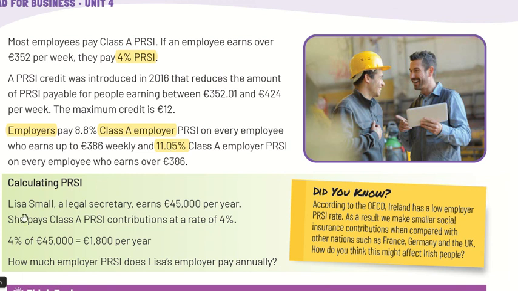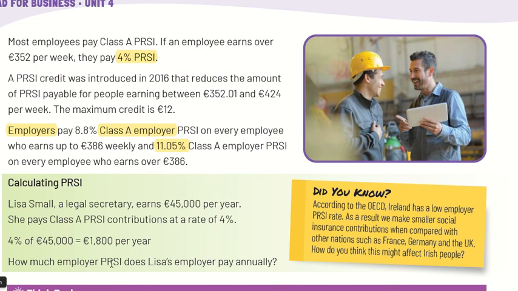Okay, some calculations then. Lisa Small, a legal secretary, earns 45,000 per year. She pays Class A PRSI at a rate of 4%. So it's simply 4% of the 45,000. Use your calculator, multiply by 4, second function percent, or whatever way your calculator works, or multiply by 4 and divide by 100, and you get 1,800 per year.